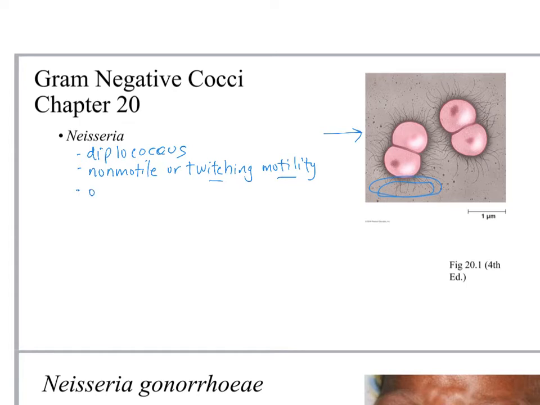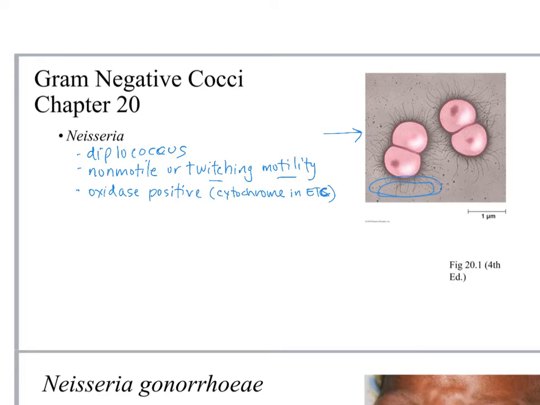This genus is oxidase positive. We mentioned that briefly when we were talking about metabolism. That just means it has a particular cytochrome in the electron transport system, or the electron transport chain, I guess we called it.